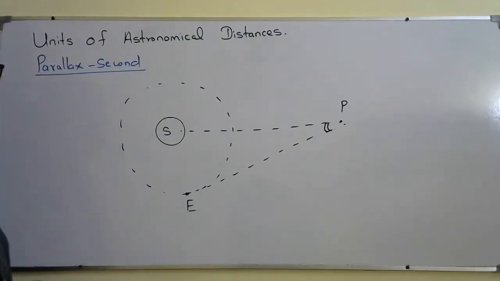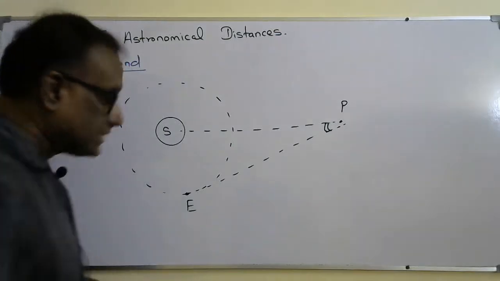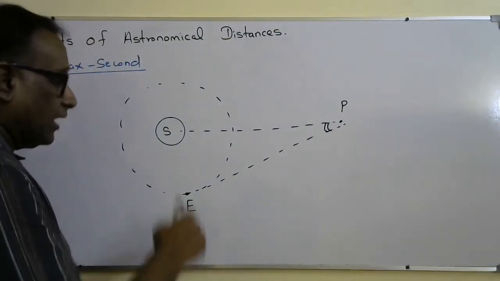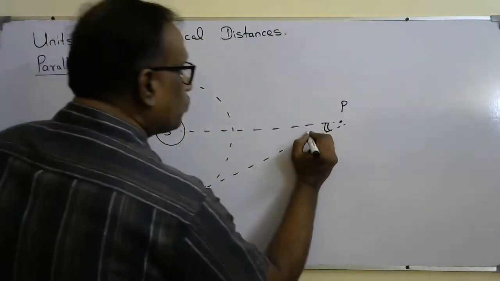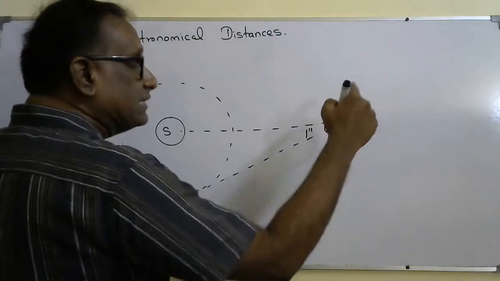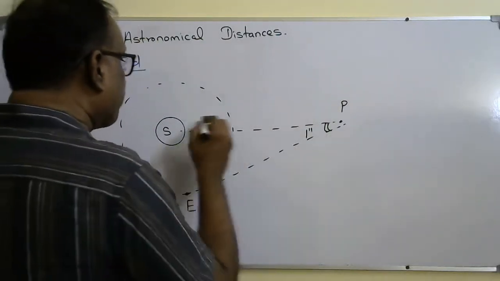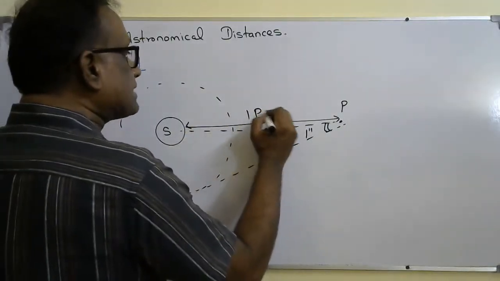We can imagine a point P in space such that the angle Earth, point P, Sun becomes 1 second. If that happens, the distance of that point P from the Sun is called 1 PC.